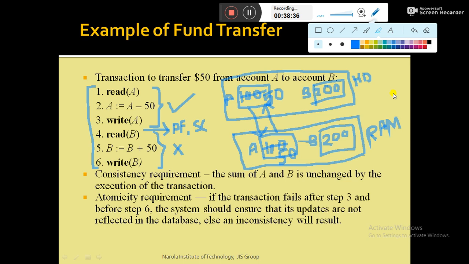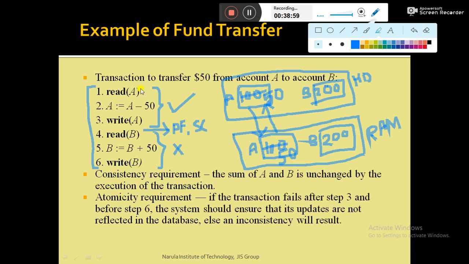The database system restores the old values. That means the database system restores the old values of A and B to make it appear as if the transaction never executed. So when the transaction starts executing, the transaction management component copies the old values of A and B, which are 100 and 200.